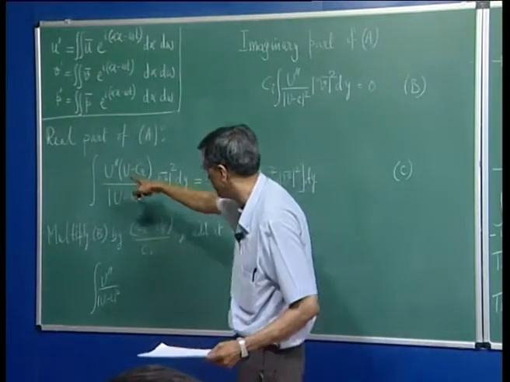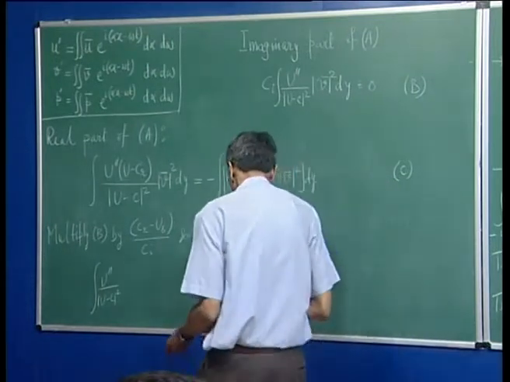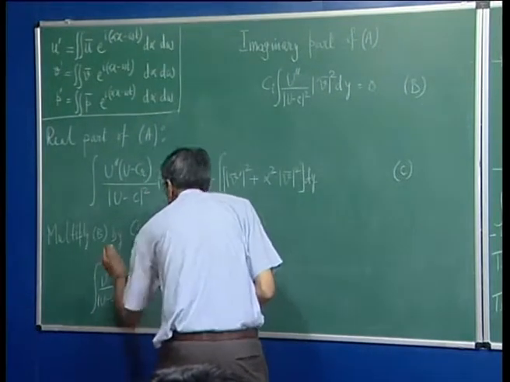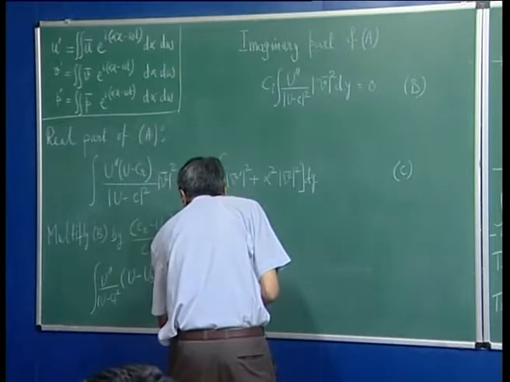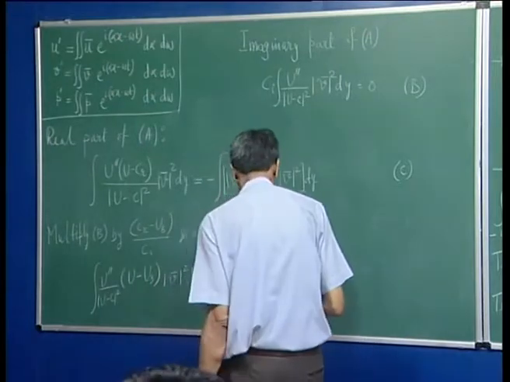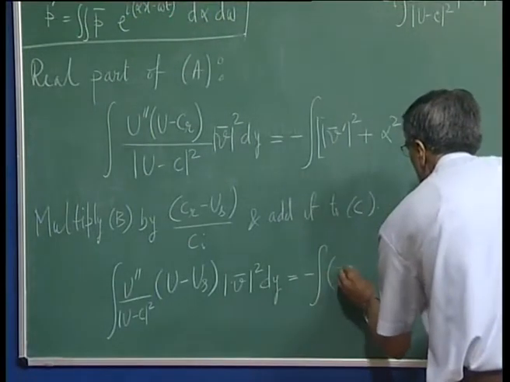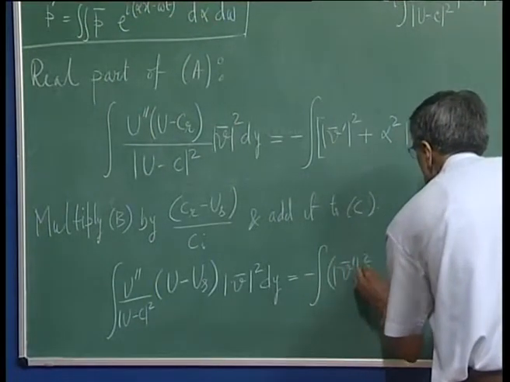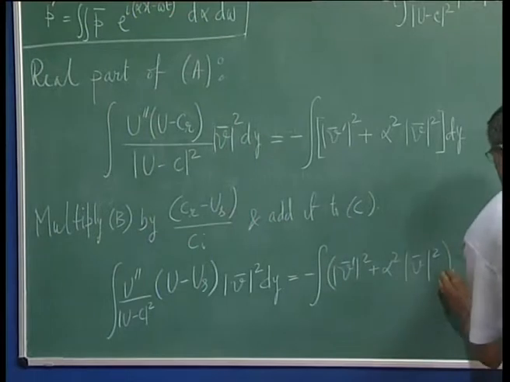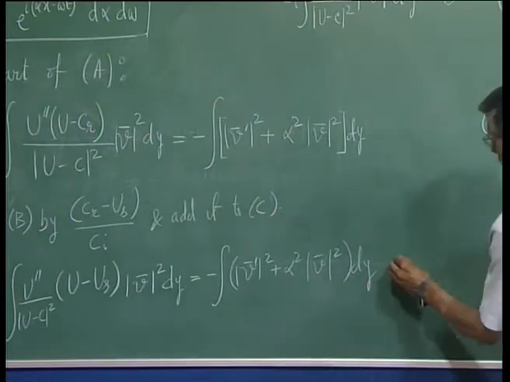So, I add that. So, what do I get here? c r will cancel out and I am going to get this equation, (u minus u s) times v bar square dy, equal to minus of, well, we have this expression, it is this, and of course, this is less than or equal to 0.